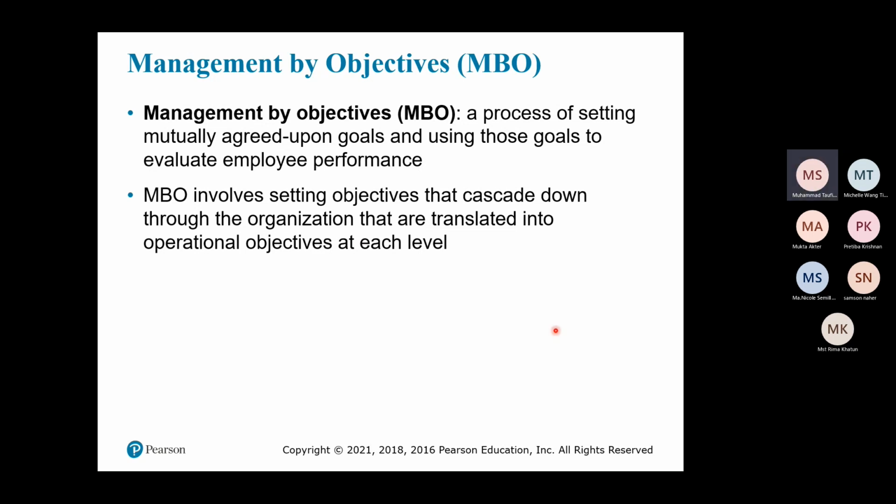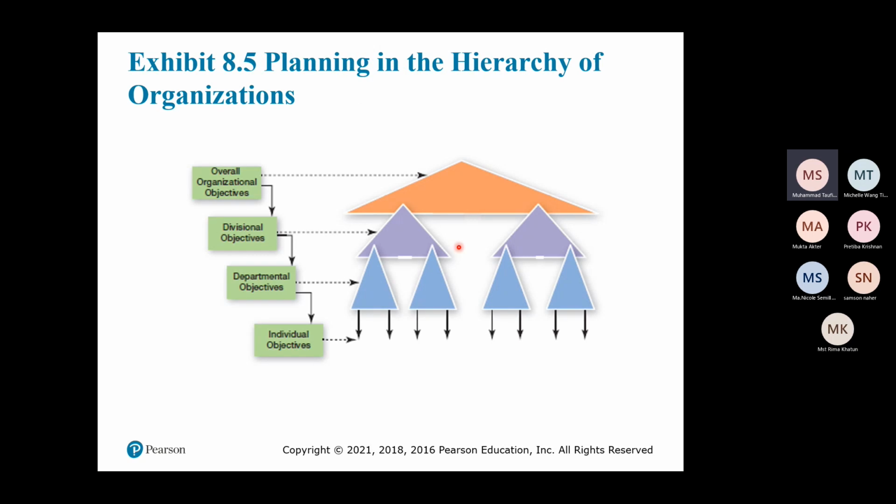So management by objective, or MBO, involves setting objectives that cascade down through the organization and are translated into operational objectives at each level. Okay, so let's look at how it will happen.